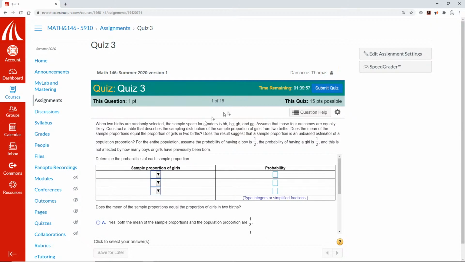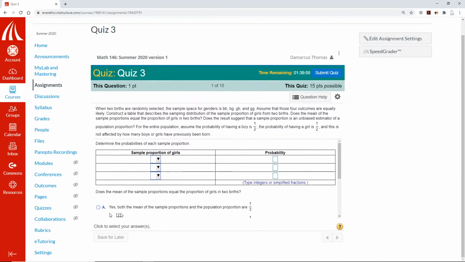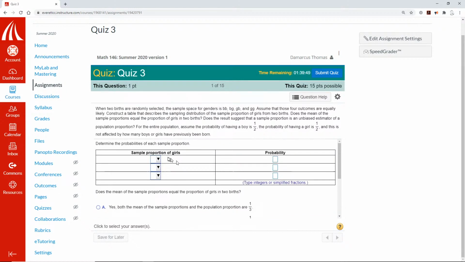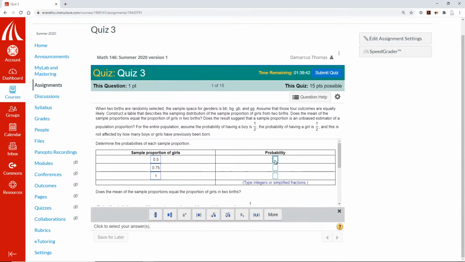Uh-oh. Oh my God. This one looks so scary. I'm just gonna randomly choose some stuff, just so I can see some more.